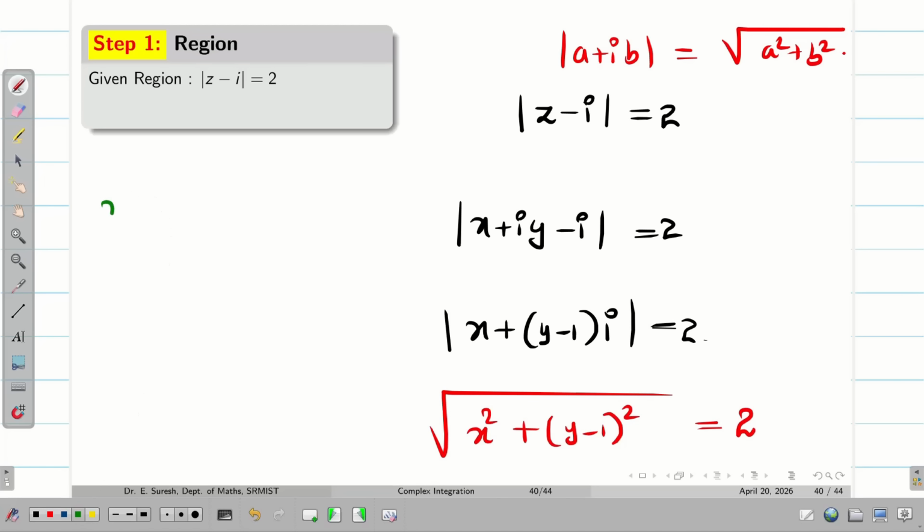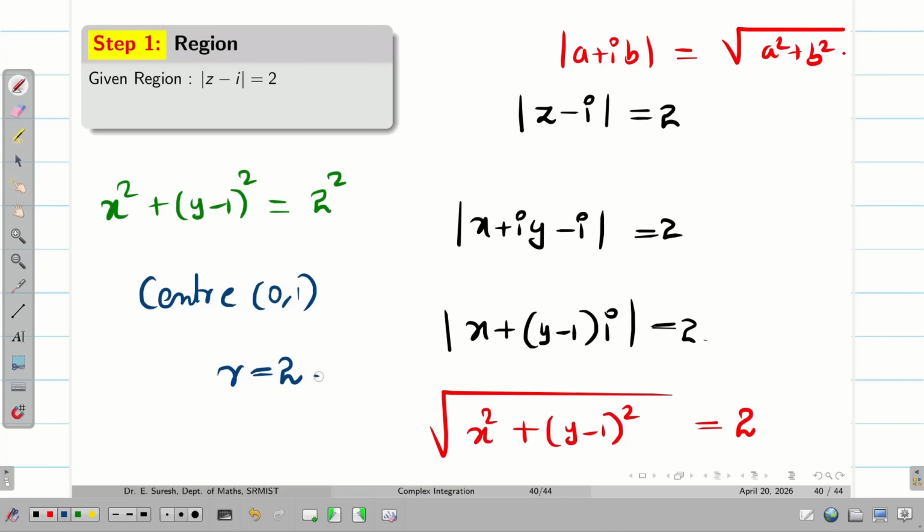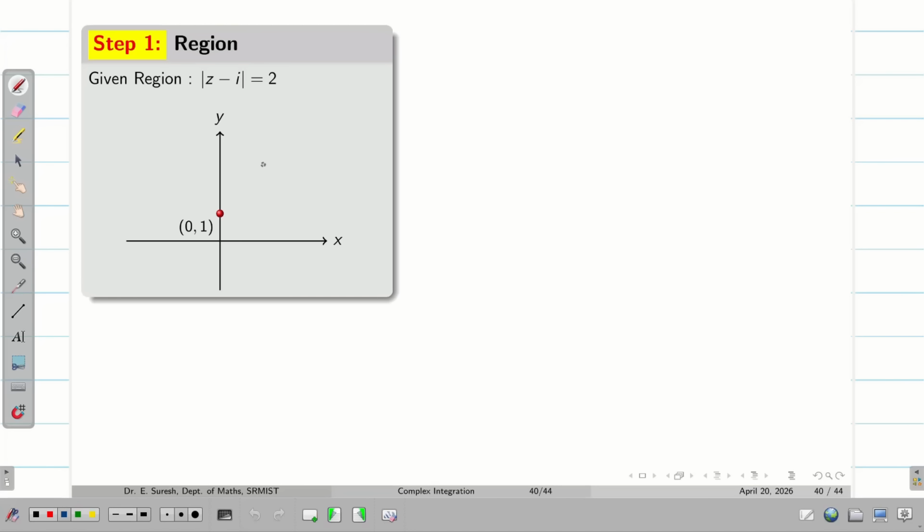Squaring on both sides, we get x square plus y minus 1 whole square is equal to 2 square. So my center is 0, 1 and my radius is 2. So we can mark the center 0, 1 and radius is 2. So I can mark the point as 2, 1. Here 0, 2, we can mark this as 0, 3 and we can draw the circle.